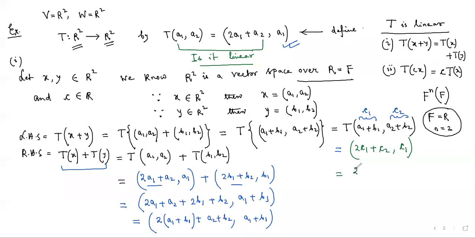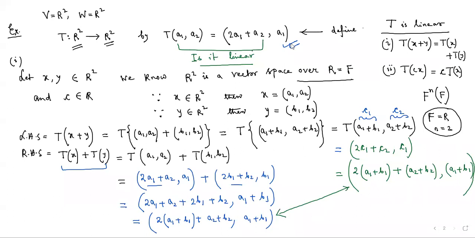C1 is A1 plus B1, and C2 is A2 plus B2, and C1 is A1 plus B1 once again. And we get this. Now look at your LHS and your RHS. These two are the same.